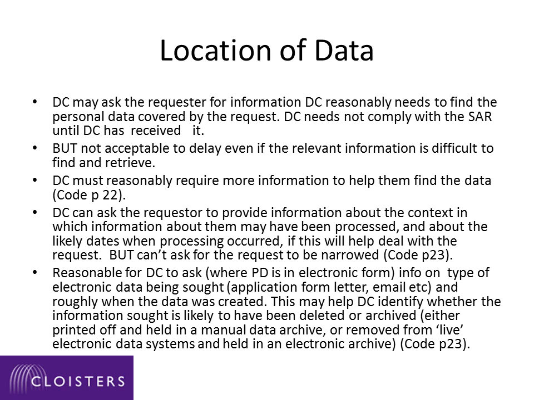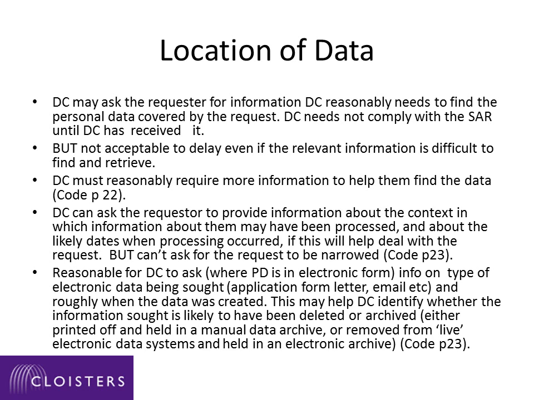The second thing that the controller can refuse to comply with the request over is the location of the data. The controller can ask the requester for such information as the controller reasonably needs to find the personal data covered by the request, and doesn't need to comply until they've received it.